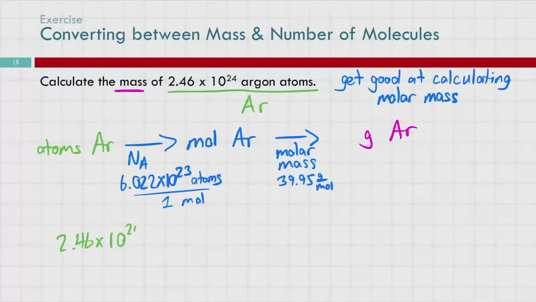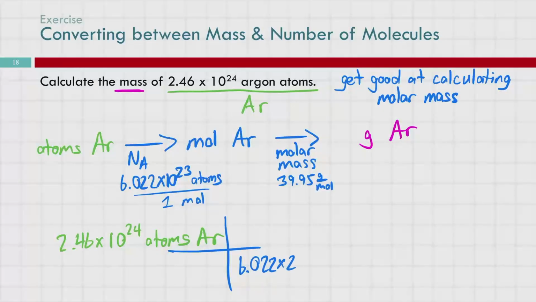So starting with our very large number of argon atoms, we need to use our Avogadro's number to get from atoms to moles. The atoms part gets paired with Avogadro's number, so it's Avogadro's number of atoms. We have atoms, and so we have to put the atoms on the bottom in our conversion factor. So we're dividing by Avogadro's number.